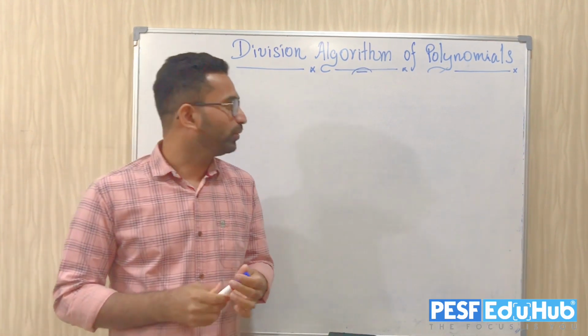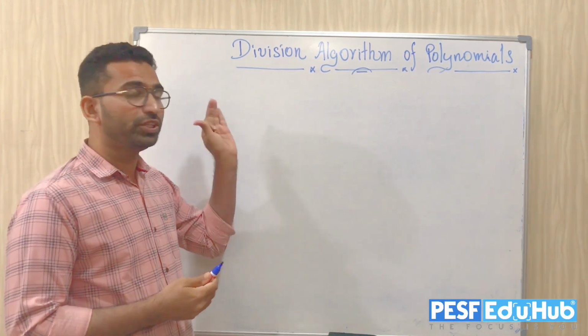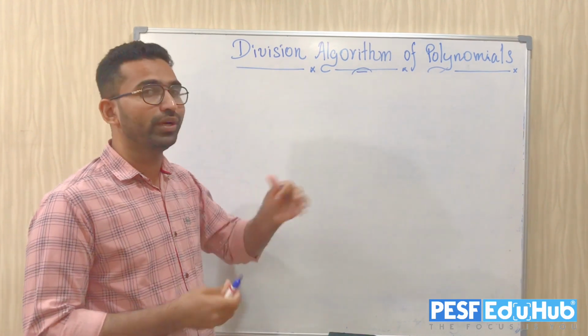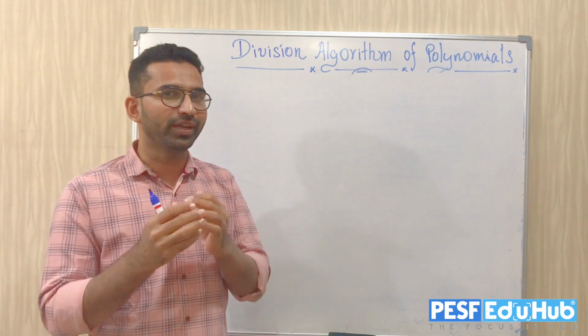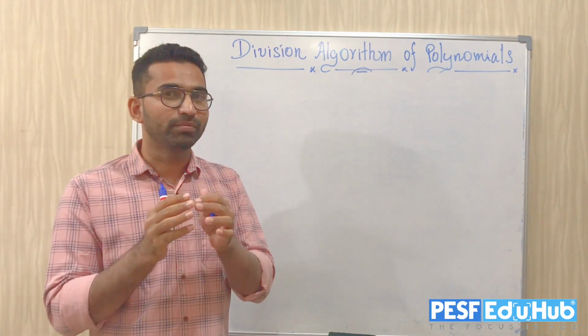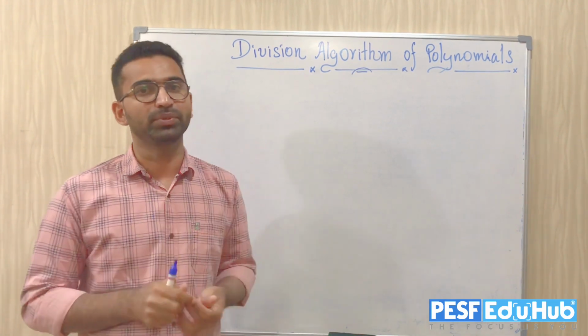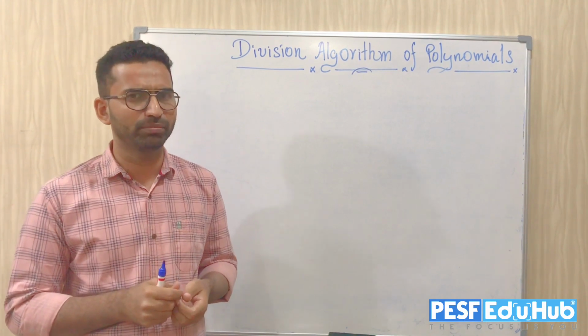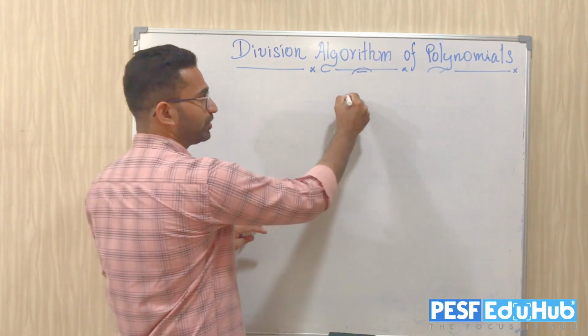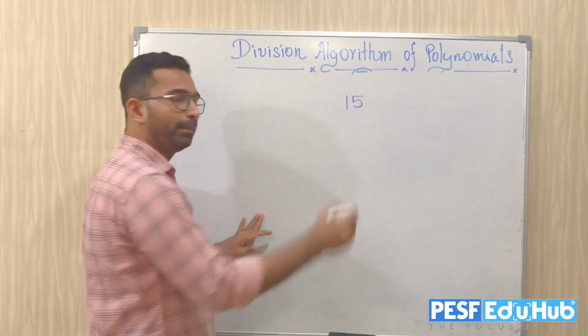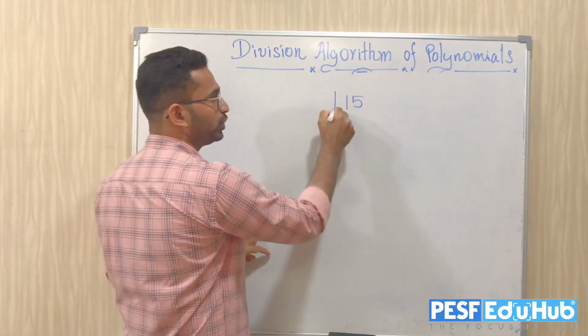We'll see. So before going into the division algorithm or division procedure of polynomials, we are going to recollect what we studied by the division of the numbers. You have studied the division of numbers using the long division method, right? Very simple. I am asking you to divide a number 15 with 2.